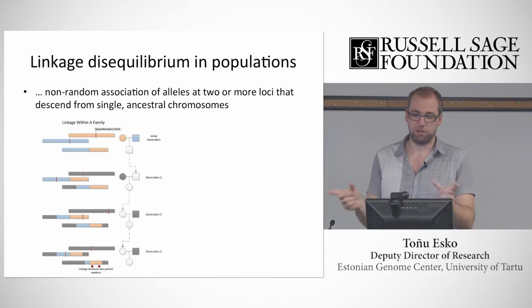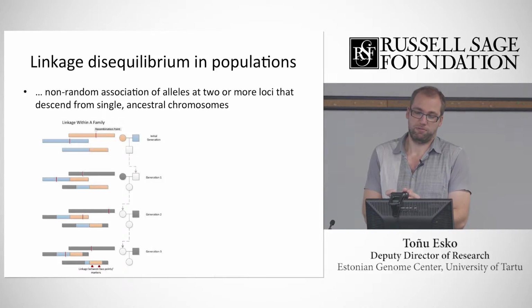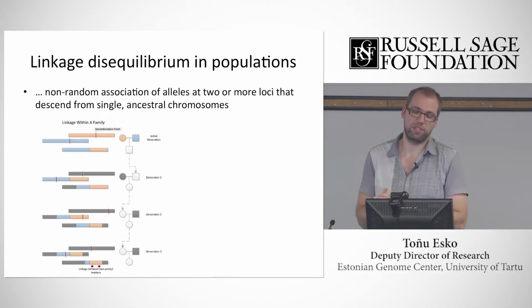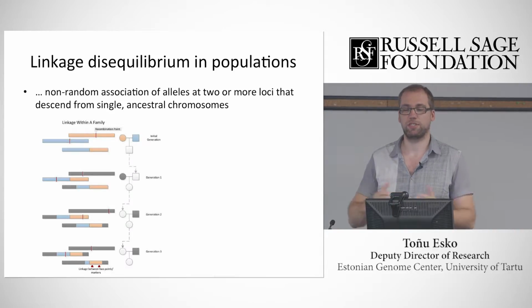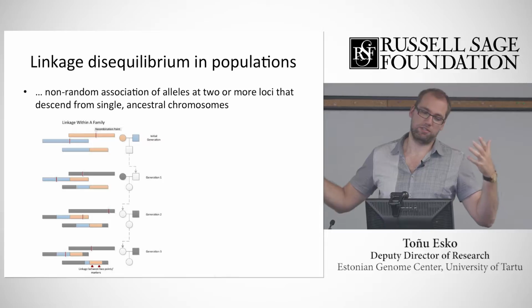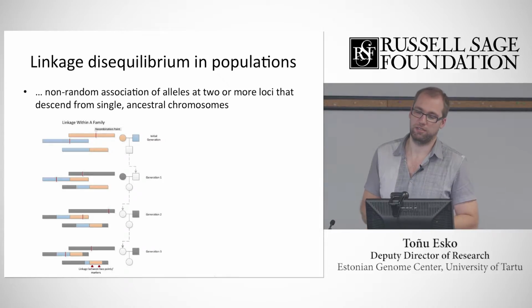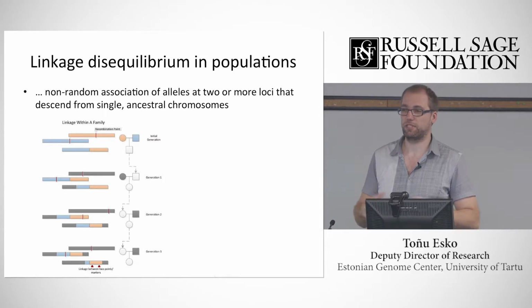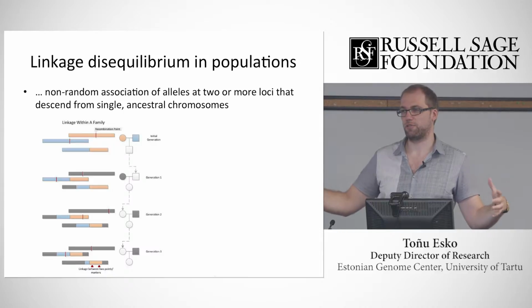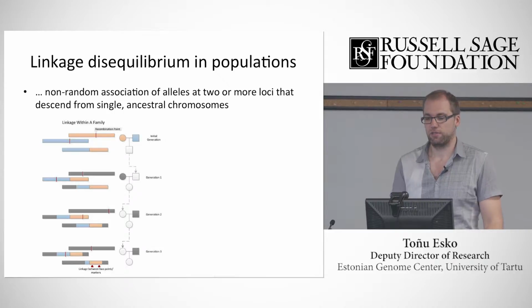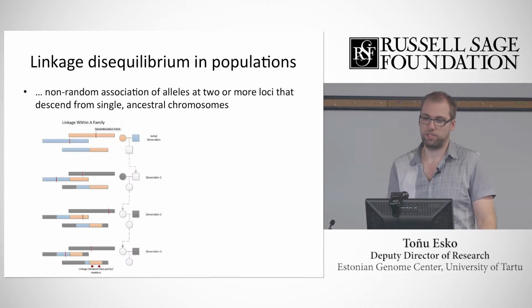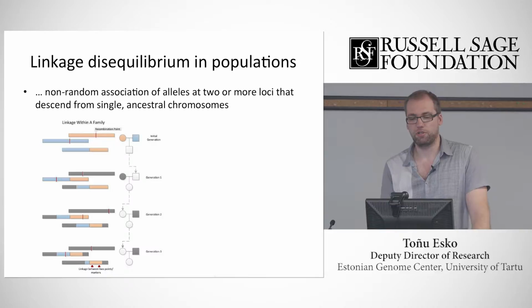Sometimes two blocks within, let's say, 5,000 or 50,000 base pairs are completely independent, and sometimes there is a block of more than 6 million base pairs that is completely linked, so it always goes together. So it again depends on those crossing over hotspots or a combination of hotspots.